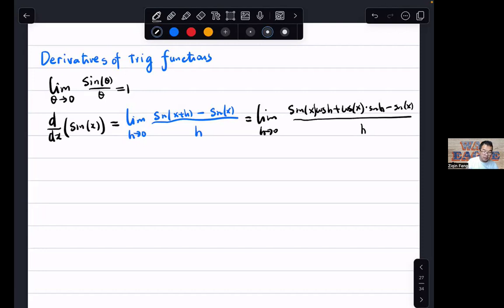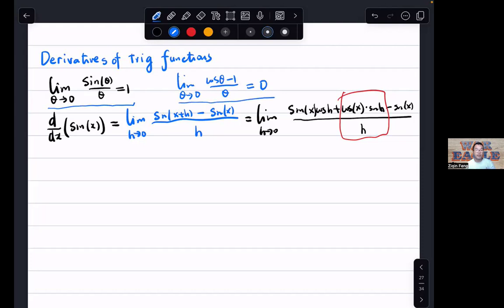If you look at the middle term here, you get sine of h over h. For the other terms, recall that we have an example. We know that as theta goes to 0, cosine of theta minus 1 over theta goes to 0. We can use our very, very important limit to get this second limit by an easy conjugate calculation. And so we split our big limit.